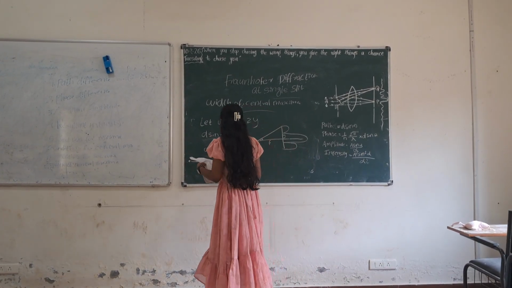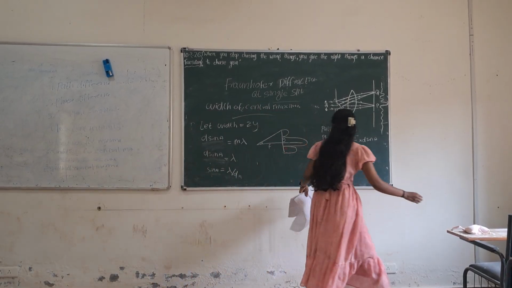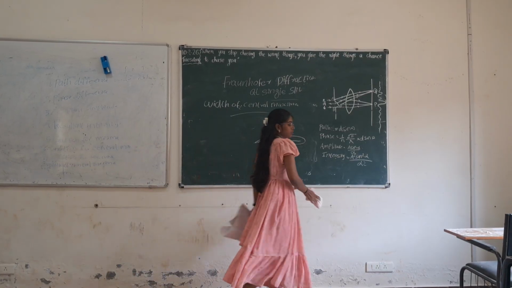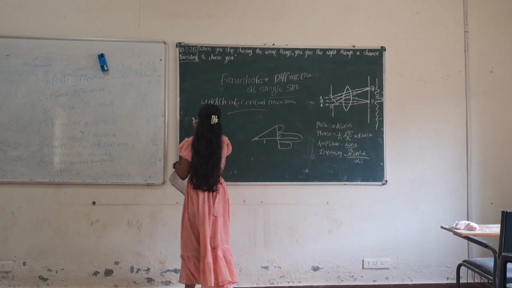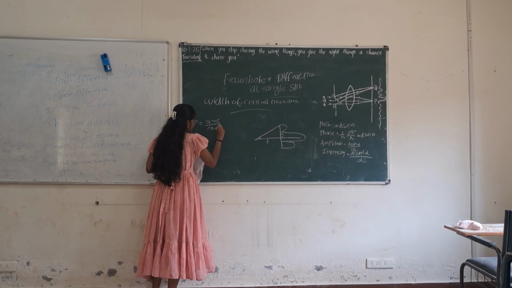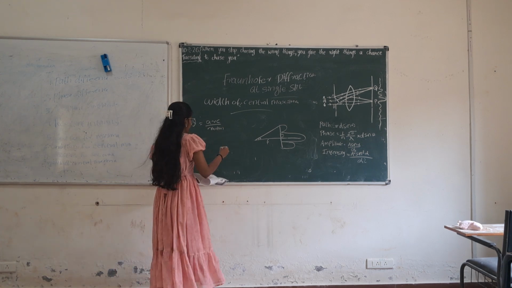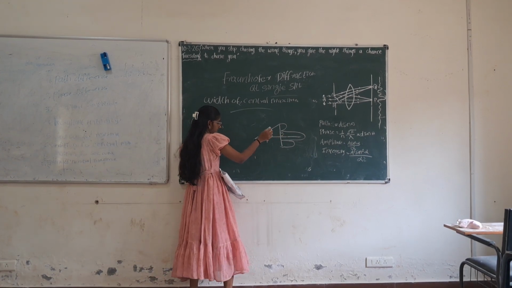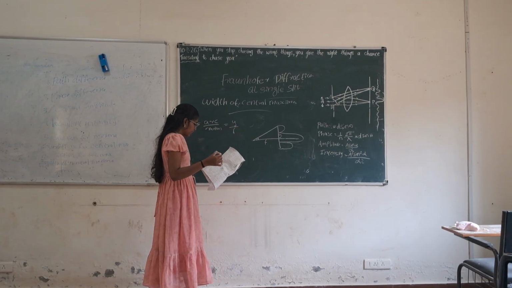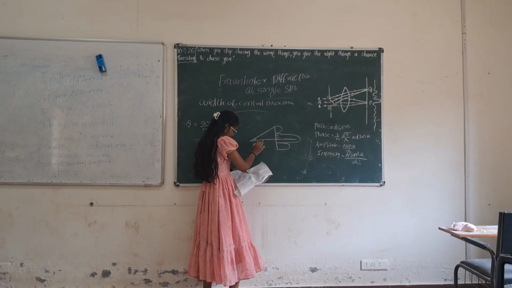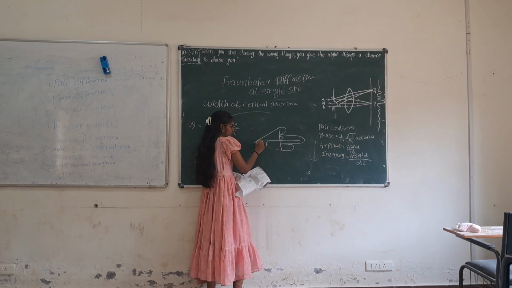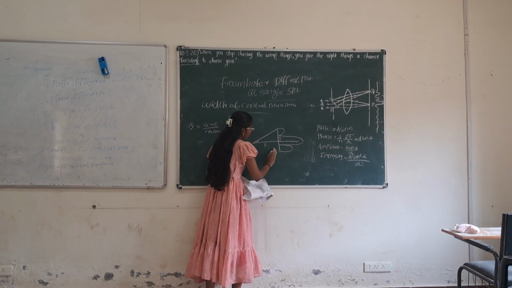So we know theta is equal to arc by radius, where arc is y and radius is f. Here theta is known as the half angular width. The full angular width is like that. Here it is the half angular width.